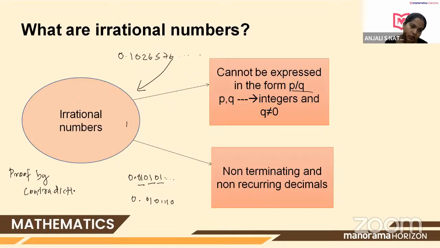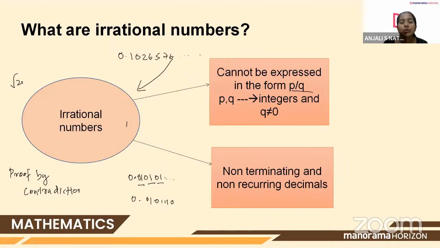So what is proof by contradiction? Suppose you want to prove that root 2 is irrational. But we can't directly prove that root 2 is irrational, so we prove it by contradiction. That is, we assume that root 2 is a rational number. Then we have to prove that our assumption is wrong.